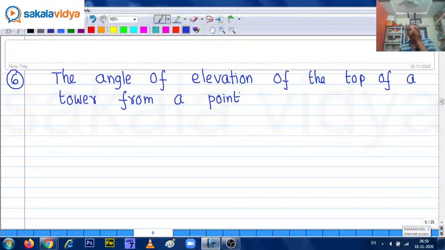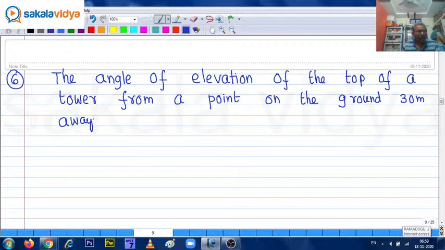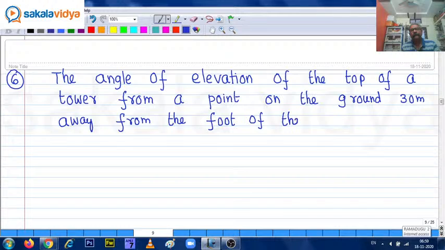The angle of elevation of the top of a tower from a point on the ground 30 meters away from the foot of the tower is 30 degrees.